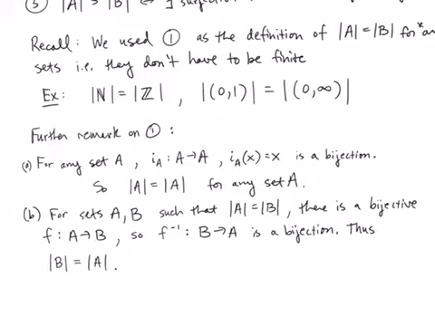It matters which set is on the left, at least a priori, but this lets us see that it actually doesn't matter because we always have the inverse function to go the other way.